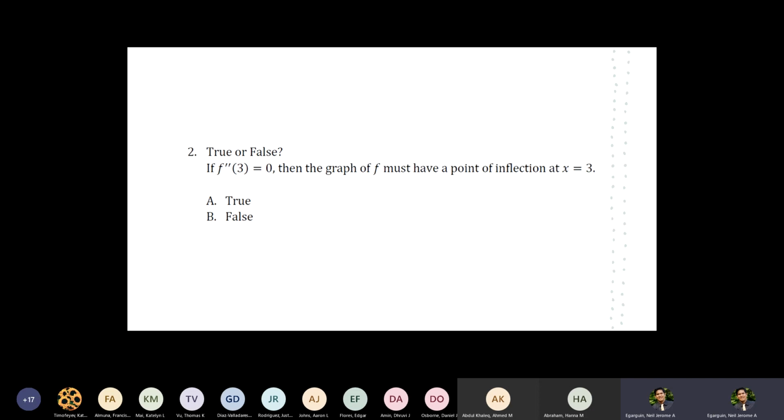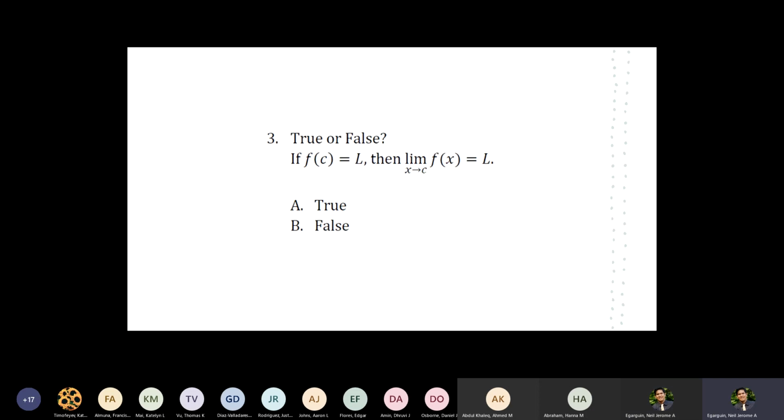Okay, let's have problem number 3. Okay, 15 seconds for problem 3.